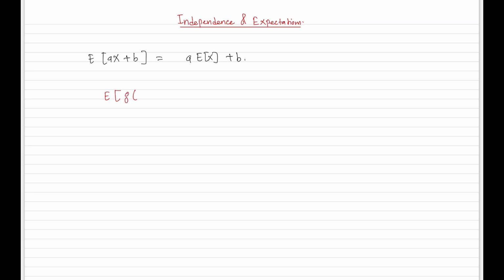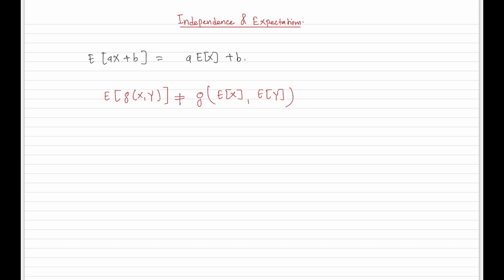Let's say the function is a function of two random variables x and y. You find the expectation of this function, or you find the individual expectations and apply the function. This will not always be true.